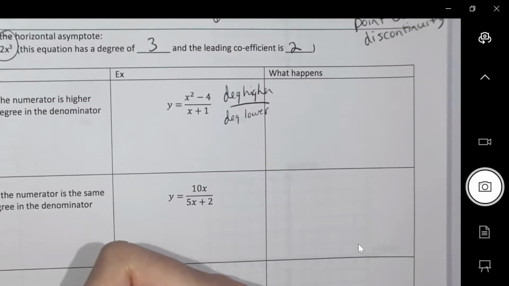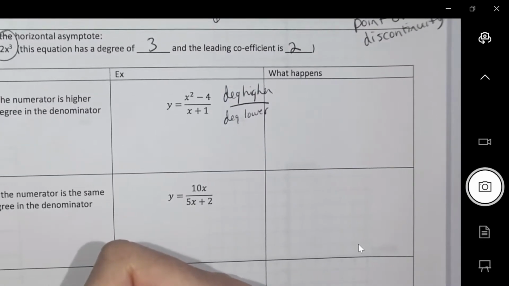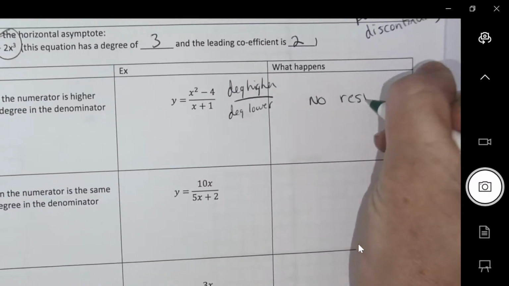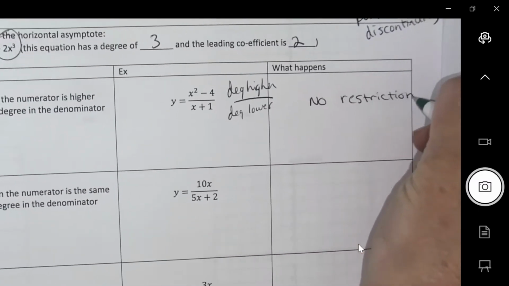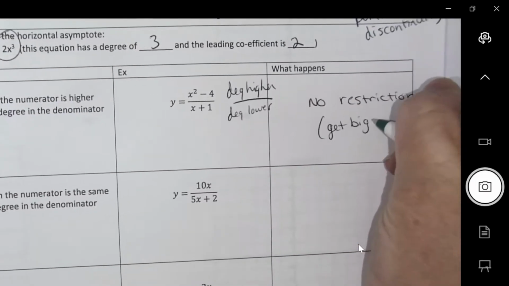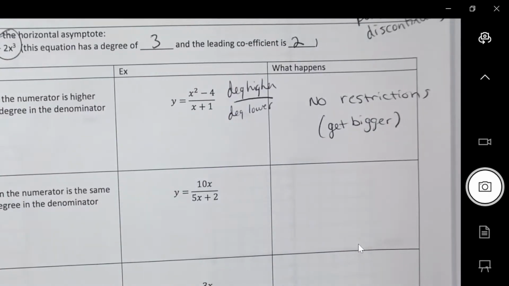Your number is just going to get bigger. So if your number on the top is going from 10 and in the bottom would have been 2, and then all of a sudden it's 112, and then it's 1,000 with a 20 on the bottom. You're just going to be getting bigger.